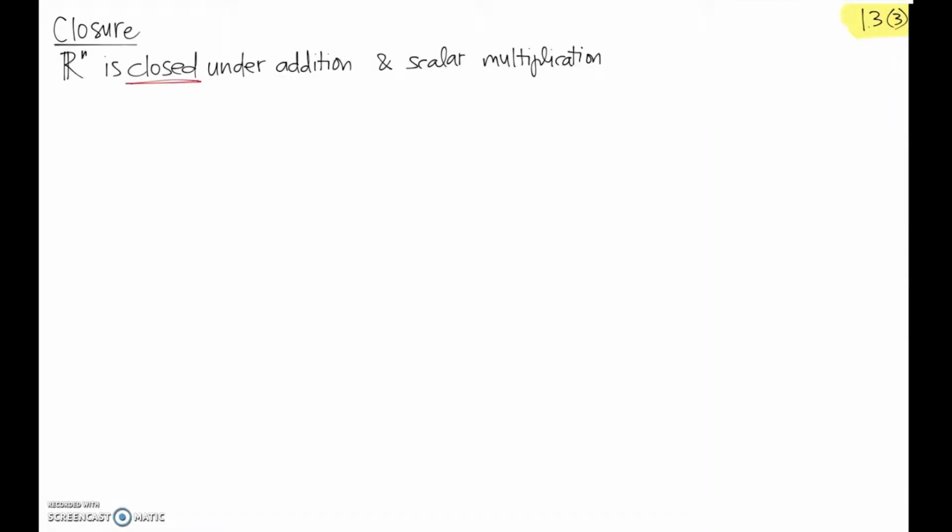Okay, now we have a new term that we need to talk about, closure. So we've talked about what a vector is, what Rn is, linear combination, and now we talk about the idea of closure in a set. So Rn is closed under addition and scalar multiplication. What this means is these two operations will always give you something back in Rn.